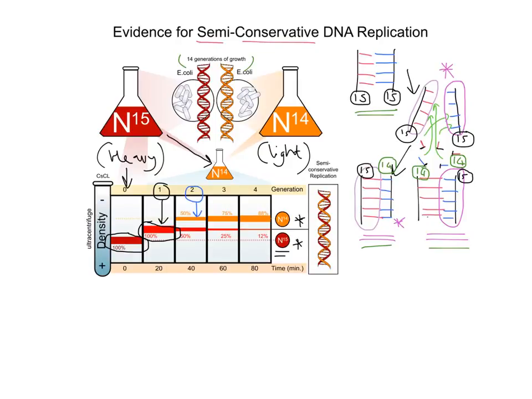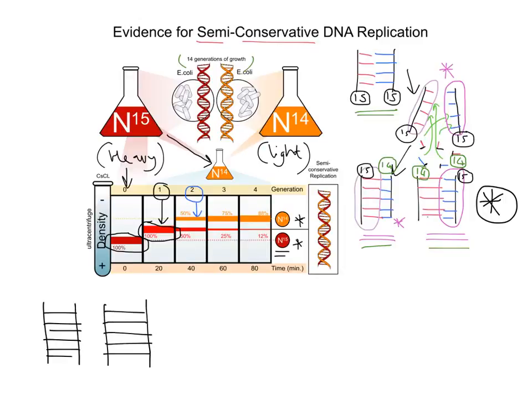If we take the two strands here that I've been commenting on, and if we just, again, very simplistically, just take those two molecules, hopefully this is easy enough to understand, and we're saying that this strand is a 15 strand, sorry, and this is a 14 strand in terms of the nitrogen that makes up the basis of it.